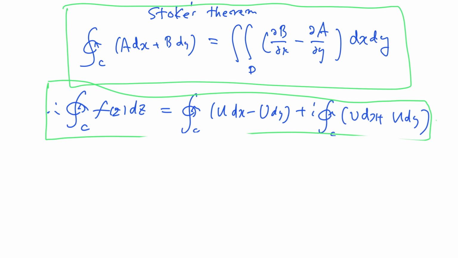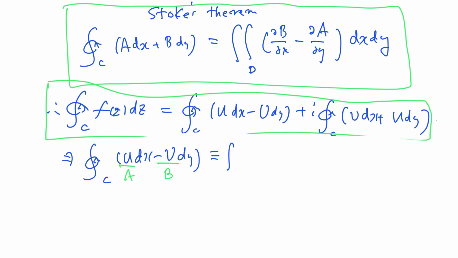Let's first check this first. See, u dx minus v dy. So this is A, this is B, right? So according to Stokes theorem, this must be the same as the integral over domain D of partial minus v over partial x minus partial u over partial y, dx dy, right?